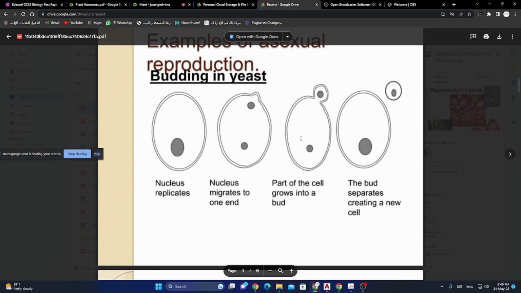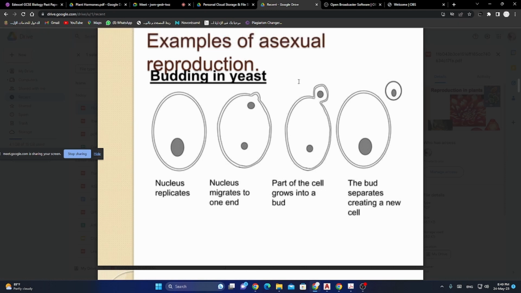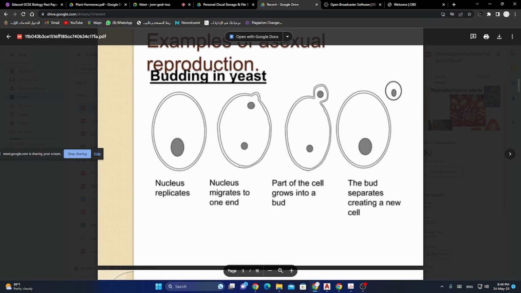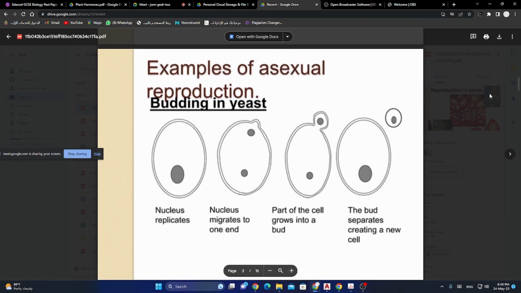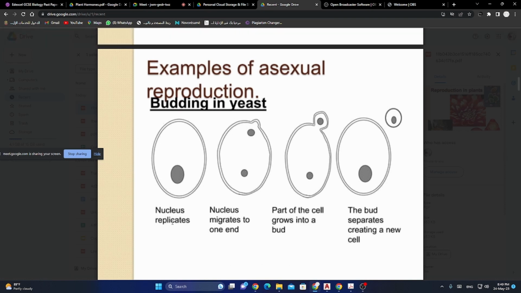In the case of asexual reproduction, we can talk about budding in yeast, which is one example. First, the nucleus replicates, then it migrates to one end, and part of that cell grows into a bud. Basically, do you know mitosis?